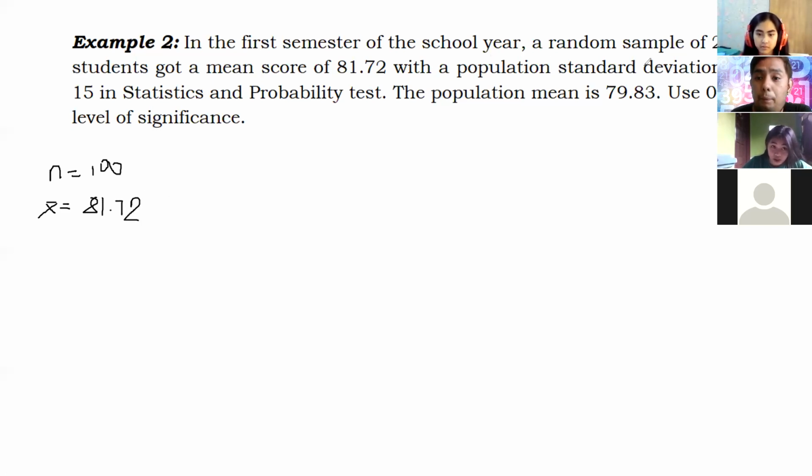Next, with the population deviation of 15, population standard deviation. So this is sigma, or sigma equals to 15. Then the population mean daw, which is our mu, is 79.83.